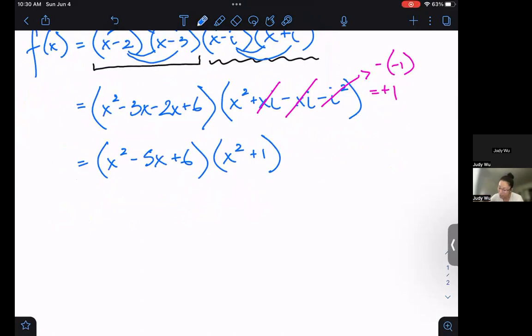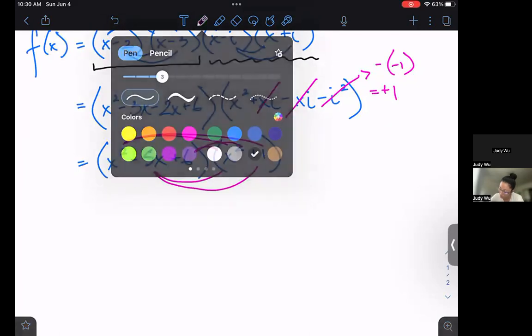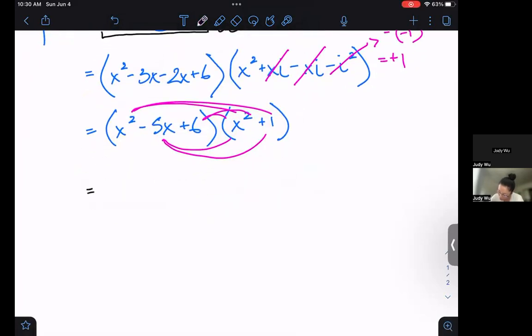And now that I've done this, I'm going to go ahead and distribute. So x squared times x squared, and then times the 1. Negative 5x gets distributed, and this 6 gets distributed as well. Okay, so lots of distribution.